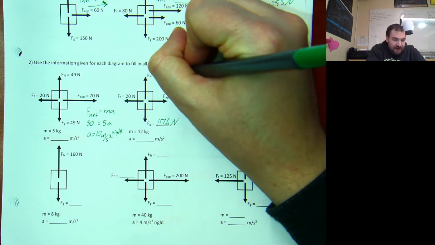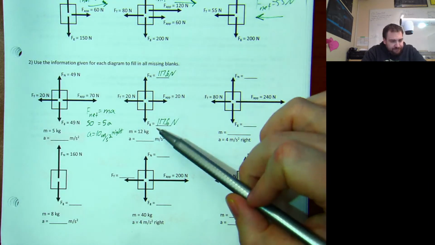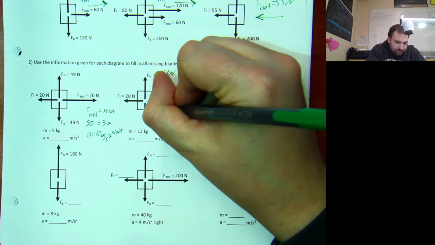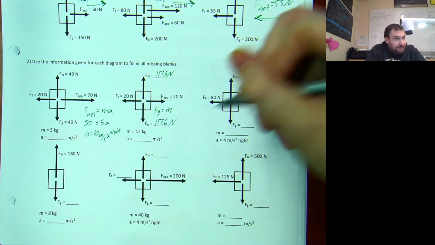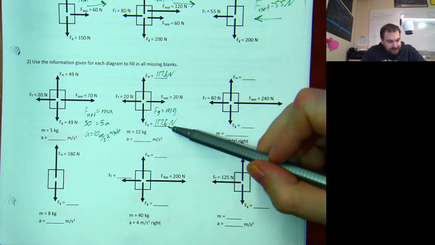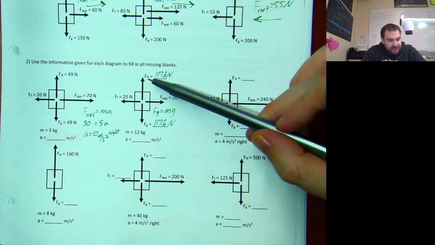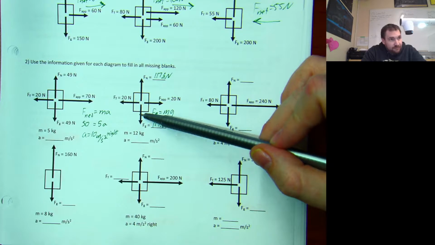Can someone verify? Okay, how'd you do that, Connor? I just did gravity equals 12 times 9.8. Yeah, so Fg equals mg. The m is 12, g is 9.8, which gets you 117.6. Fg equals Fn. These arrows are the same length. I wasn't sure about that.